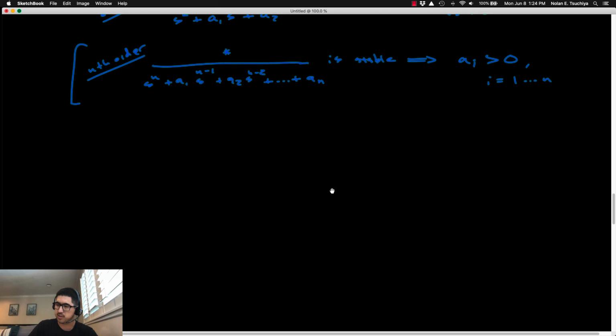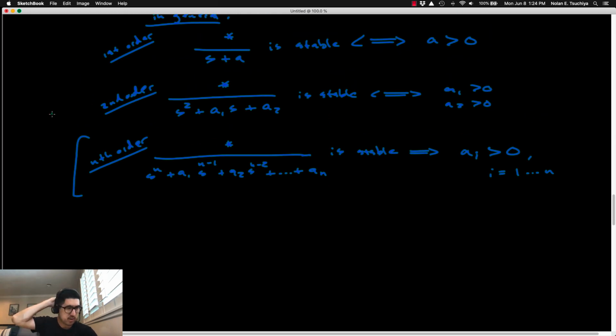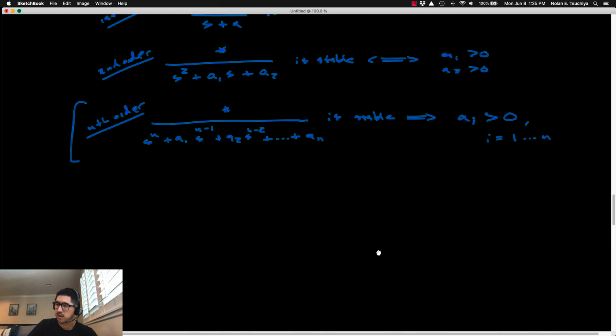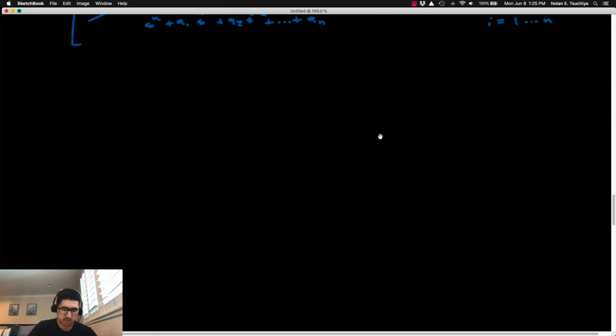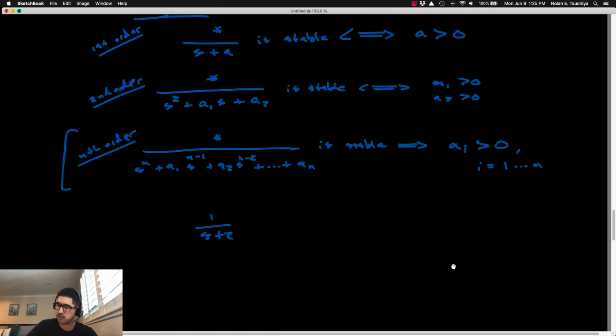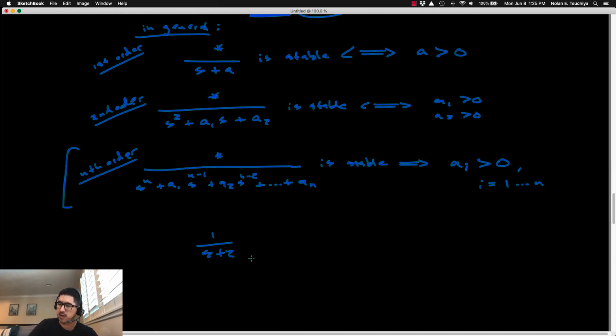I know this could be a little bit tough to grasp when I'm talking about necessity and sufficiency, so let's just do a couple of examples. 1 over s plus 2 falls under the first order category. Even if I don't know anything about the behavior of that system, I see that the coefficient is positive, and therefore, because the pole points to the left, this is a stable transfer function.